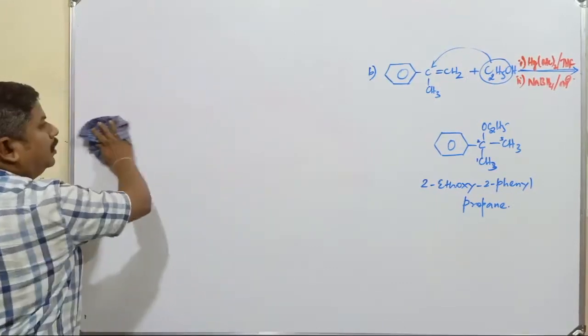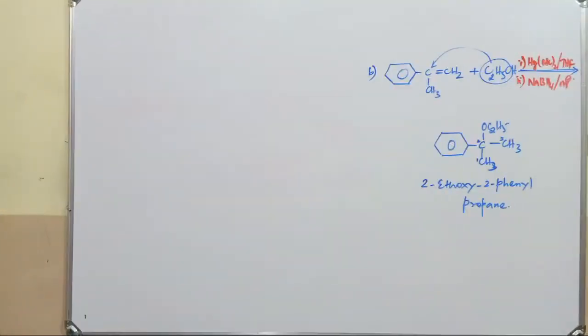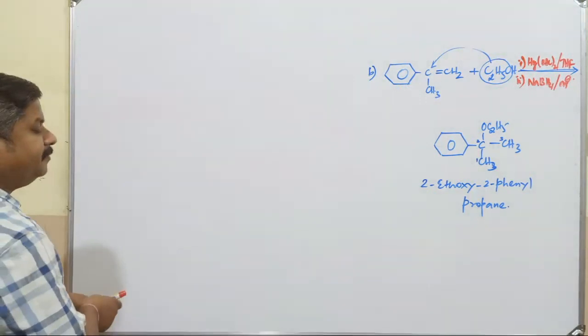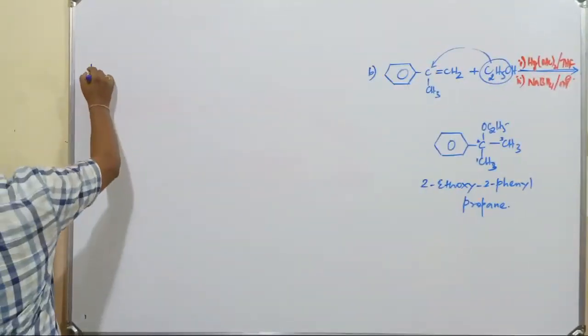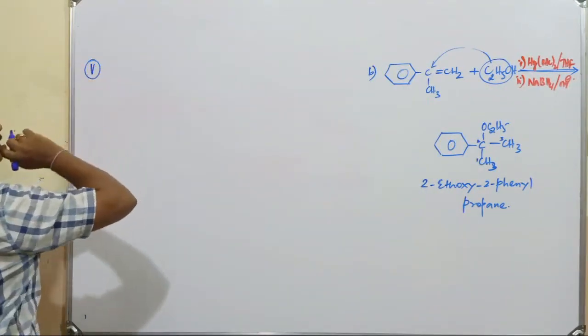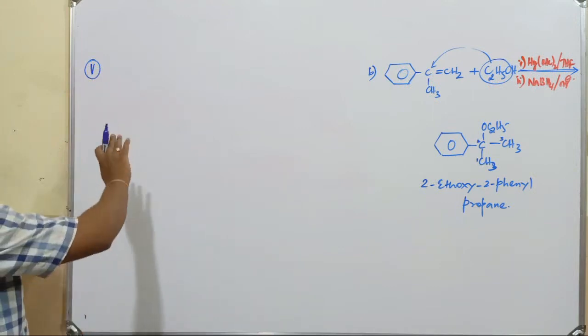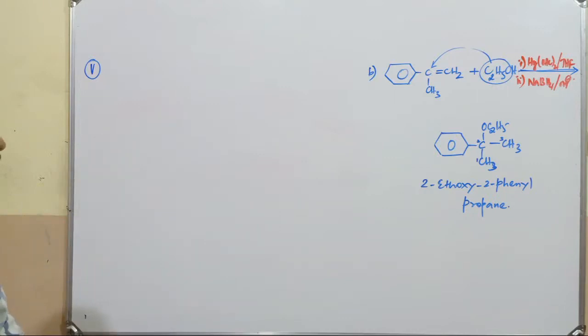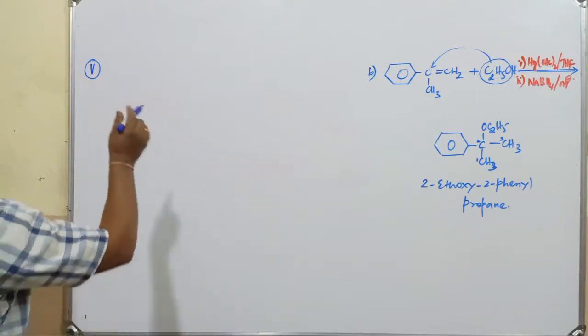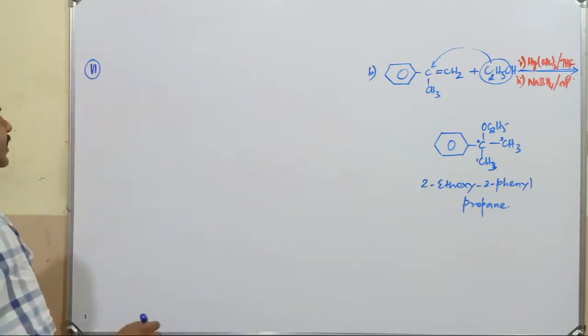Number five, fifth method. Sixth. First one alcohol, second one Williamson's, third one today's first method, that is alkyl halide, fourth one, sixth method.